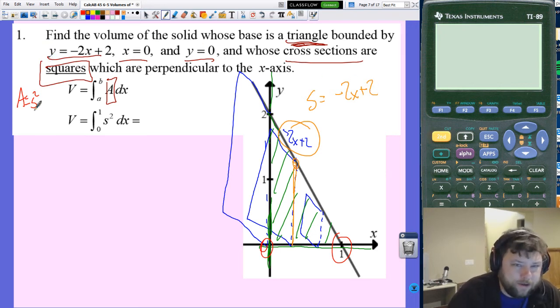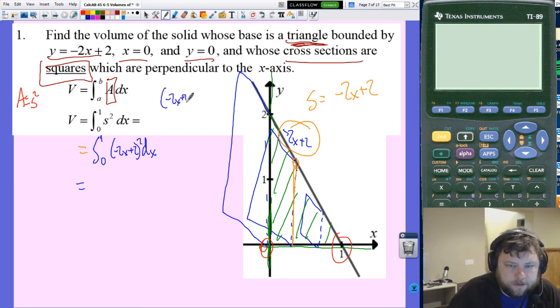And a lot of times your answers to these problems are basically going to be one of these functions. So when I set up this volume, your integral right here, it's going to be the integral from 0 to 1 of negative 2x plus 2 squared dx. That's it, and then I just integrate from there. So let's integrate. Again, that's negative 2x plus 2 times negative 2x plus 2.